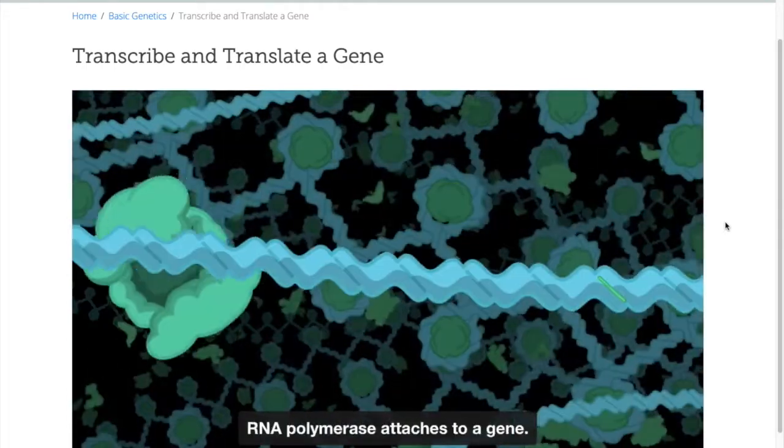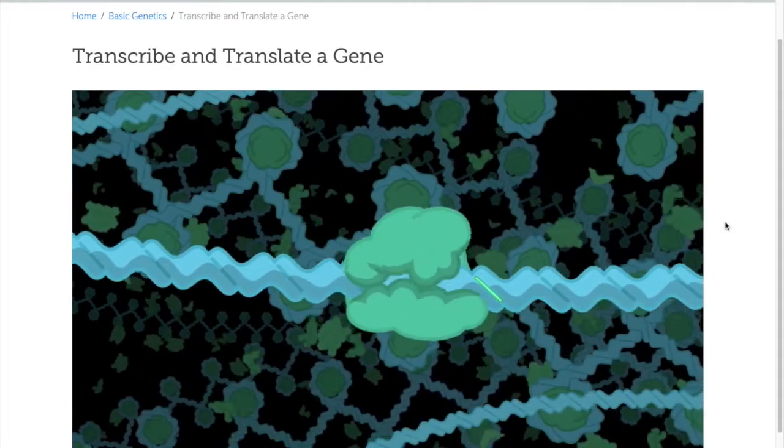Inside the nucleus, RNA polymerase attaches to a gene.